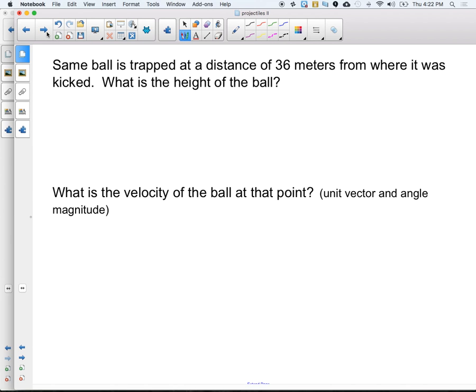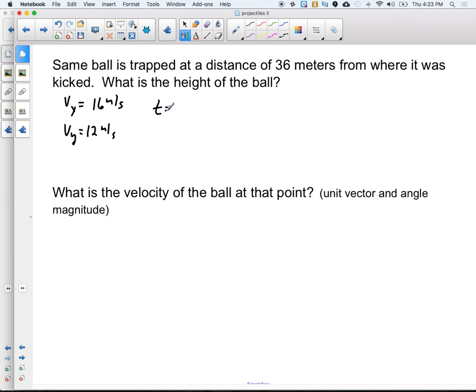So the other interesting case is the same ball is kicked and is trapped at a distance of 36 meters from where it was initially kicked. What's the height of the ball? So now, if you remember from the last slide, Vx is equal to 16 meters per second and Vy is 12 meters per second.